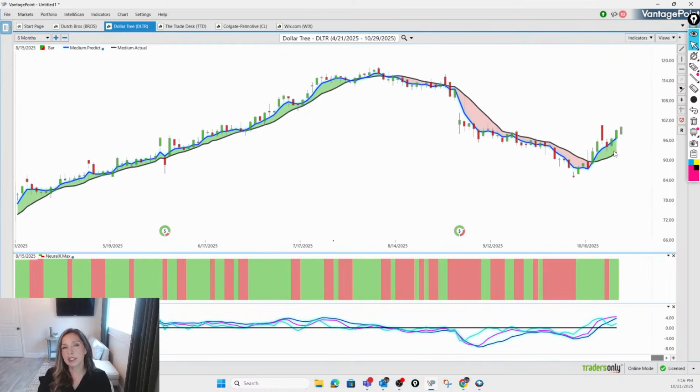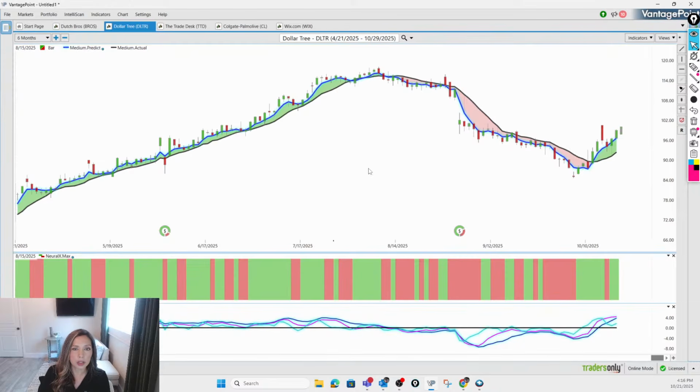Now, some of this involves some fundamentals as well. You may look at PE ratios and some other fundamental key pieces, but you're looking for good, solid companies that are trading at less than what they typically do, or less than what the sector is bolstering up at that point in time.